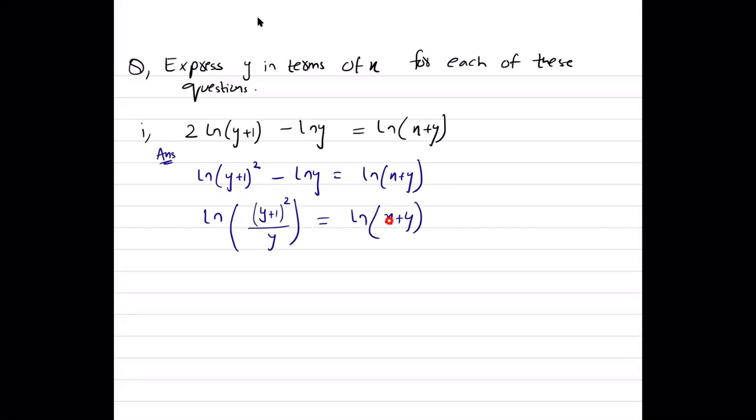Now, if the two logs on the left hand side and on the right hand side are equal, can I just equate the inner terms? Yeah. Okay, now I want you to simplify this, solve it, and make y the subject.